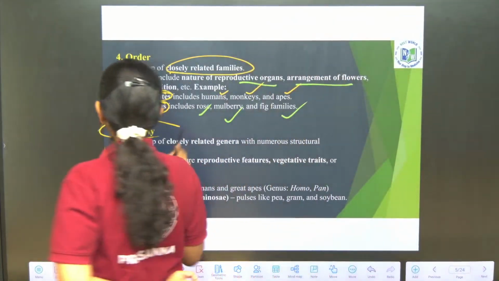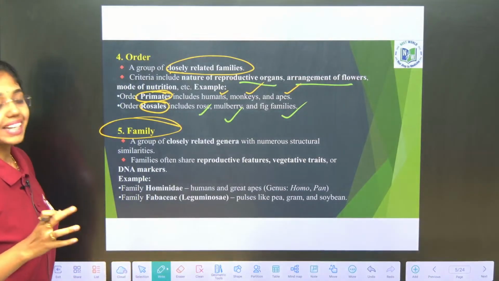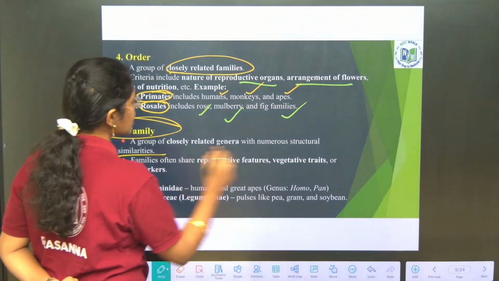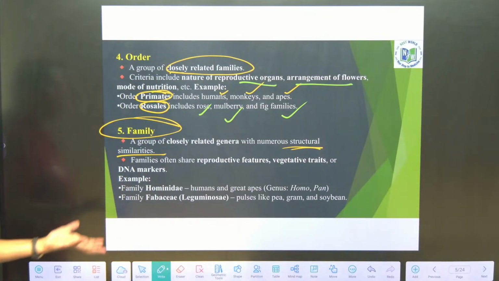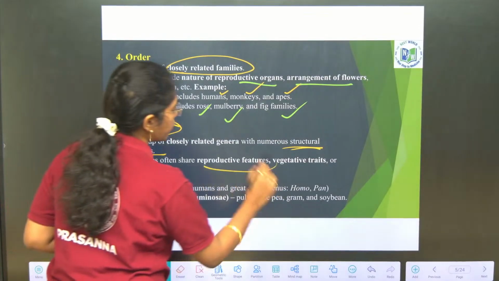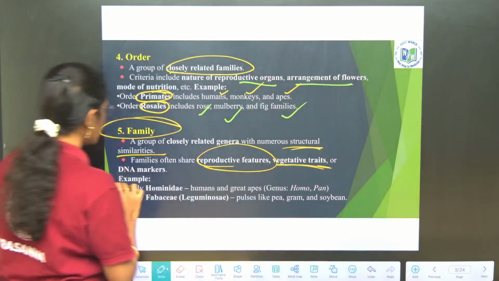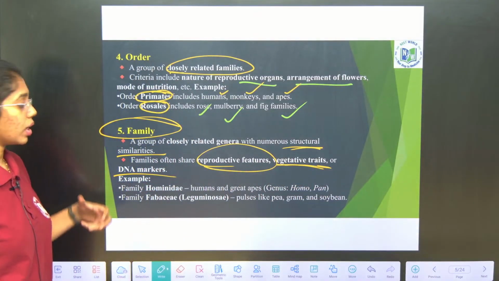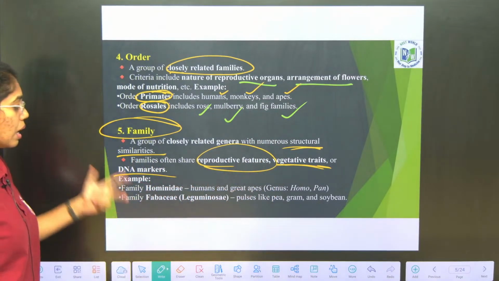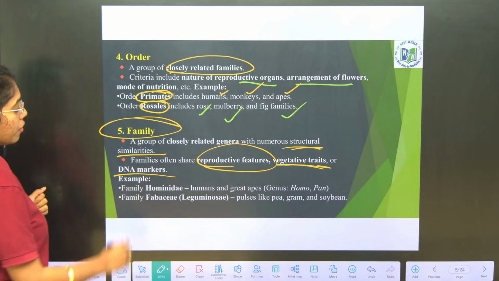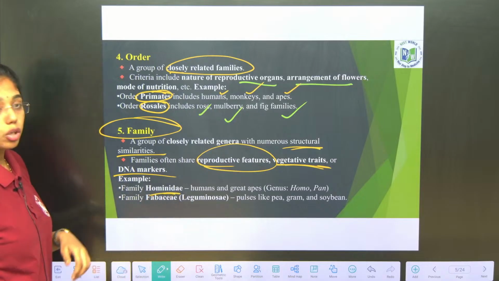Next is family. A group of closely related genera with numerous structural similarities are placed under the family. Families will often share what? Reproductive features, vegetative traits or DNA markers. For example, family Hominidae includes what?